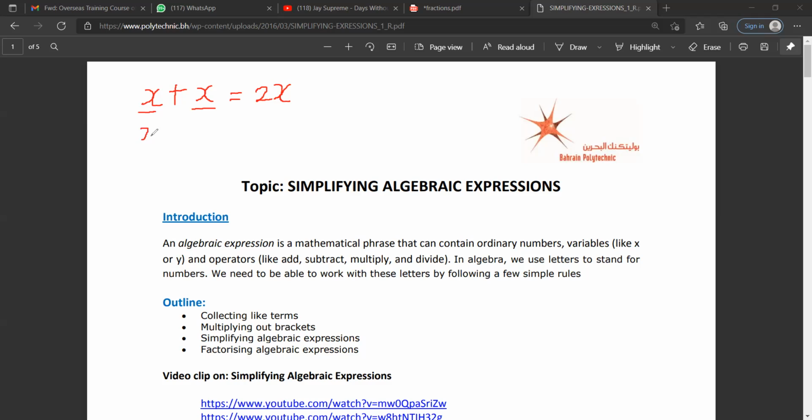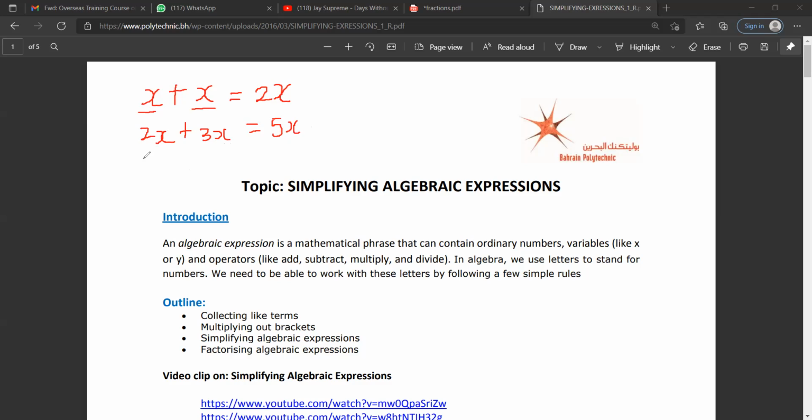Let me see, if I have 2x plus 3x, anybody? What should be my answer? 5x. Excellent. 5x. So we don't deal with squares when we're dealing with addition and subtraction with algebraic expressions, right? Always remember that.